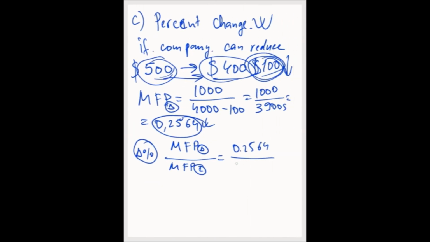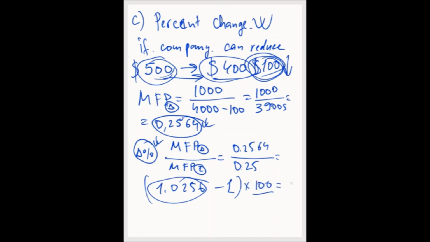So we have to divide by 0.25 and we can achieve 1 point such kind of number. For calculating percent change, we have to subtract 1 and multiply by 100 to achieve percentage.